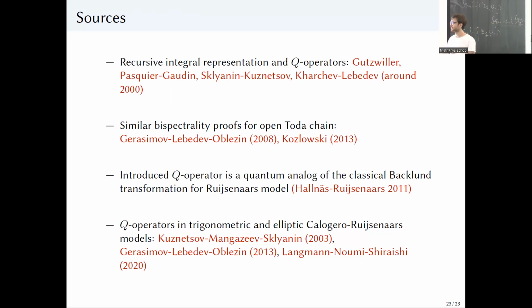So it was probably more difficult, but now we see that the scheme is universal. And for your question, yes, the kernel of the Q operator which we introduced also gives the Bäcklund transformation of the classical Calogero system. This Bäcklund transformation was investigated by Hallnäs and Ruijsenaars in a paper.